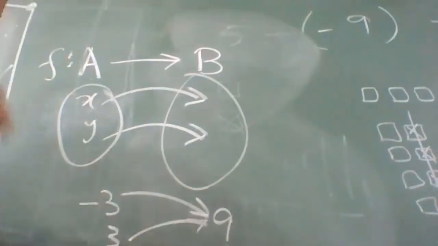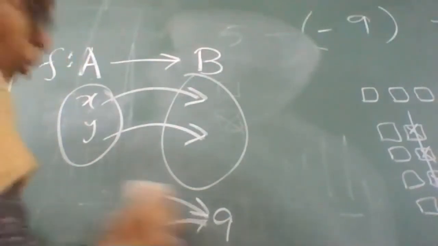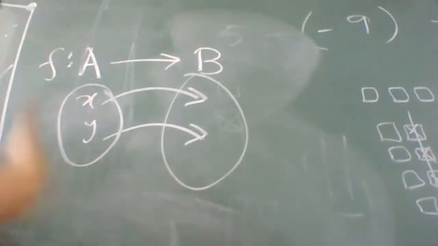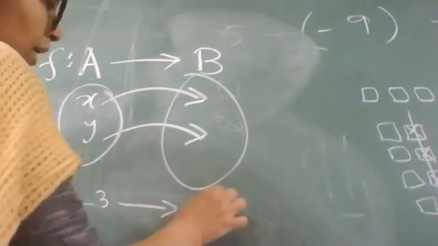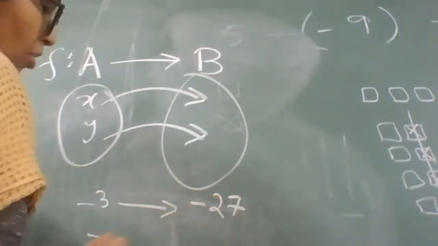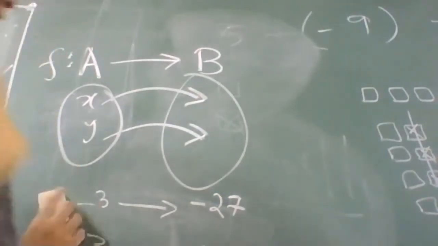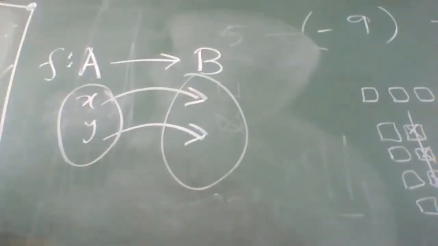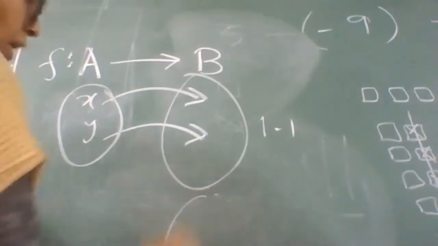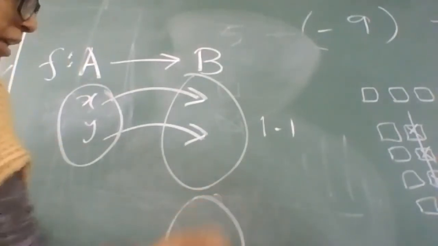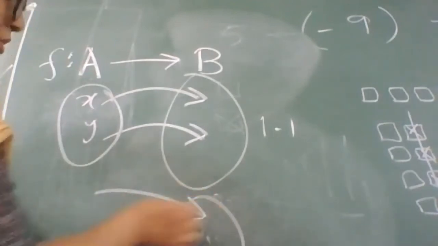So that's not one-to-one. Whereas if you cube a number, that is one-to-one, because no two cubes are the same. I mean, -3 goes to -27, 3 goes to 27. So no problem that way. So this is one-to-one. Onto will be that every element here is mapped to some element here.